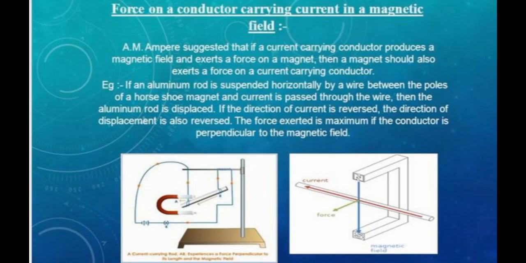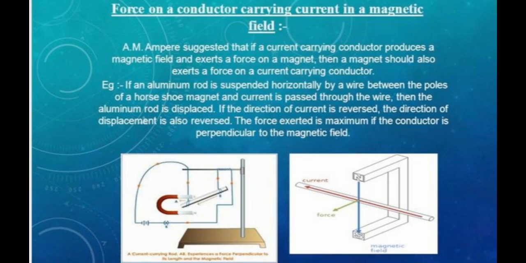If the experiment is repeated by reversing the direction of current, the rod will move upward. By this experiment we get the conclusion that when a current carrying conductor is placed in a magnetic field, a mechanical force acts on the conductor which makes it move.